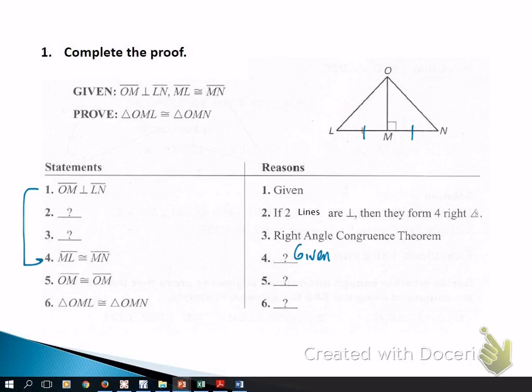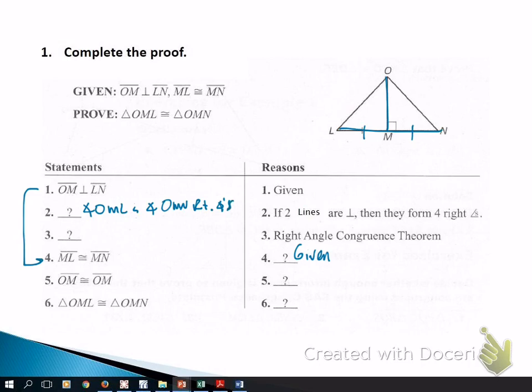So since OM and LN are perpendicular, we have to remember that perpendicular lines form right angles. So I can say that angle OML and angle OMN are right angles.